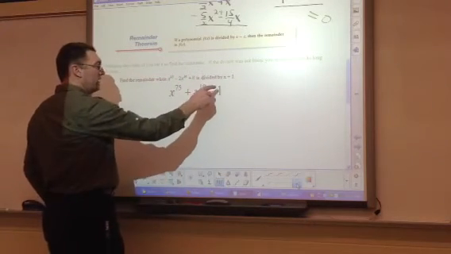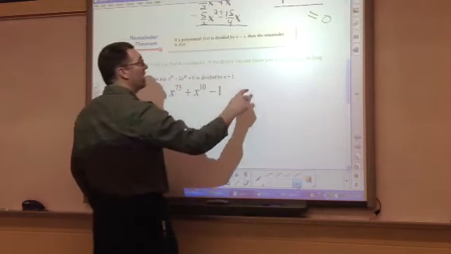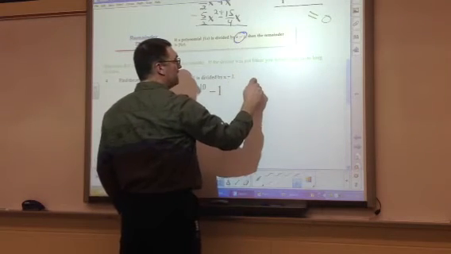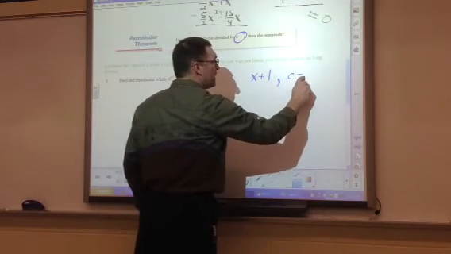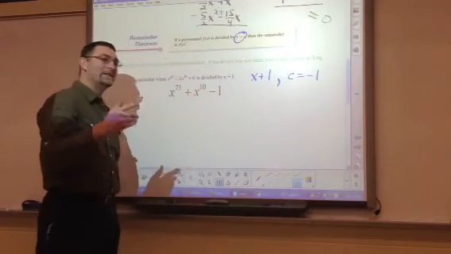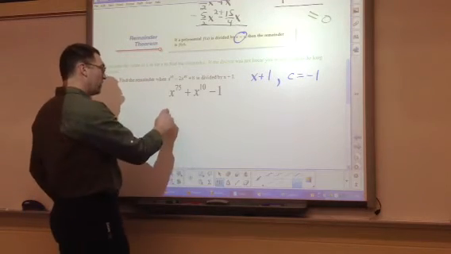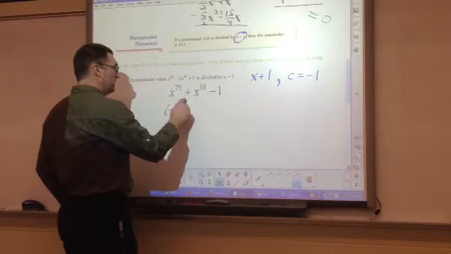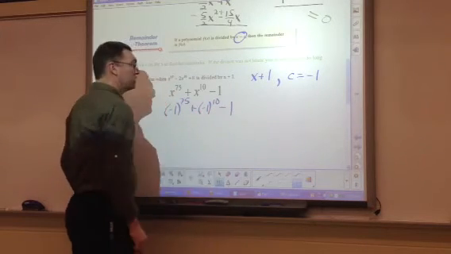So I want to substitute the value of c. Remember, it's x minus c, so if it's x plus 1, then c would be equal to negative 1. What would give me 0 there? I put in negative 1 to the 75th power, plus negative 1 to the 10th power, minus 1.